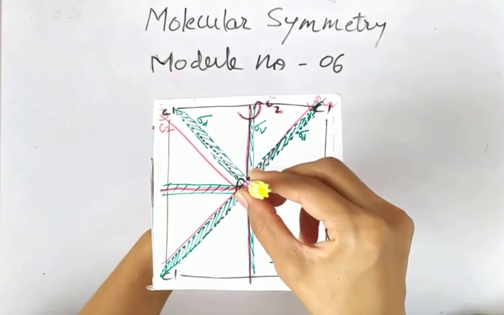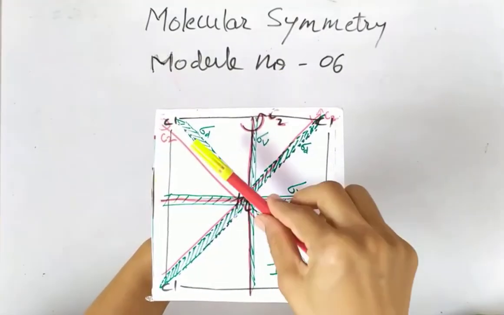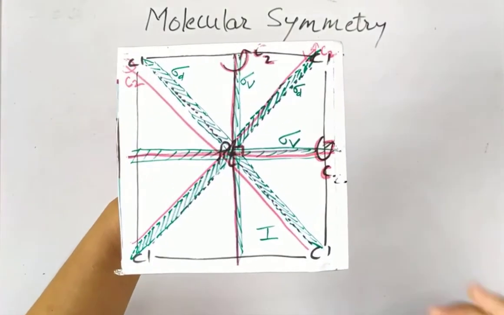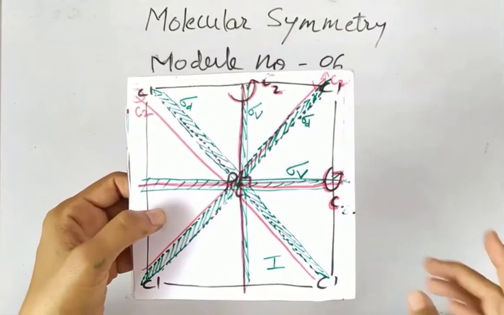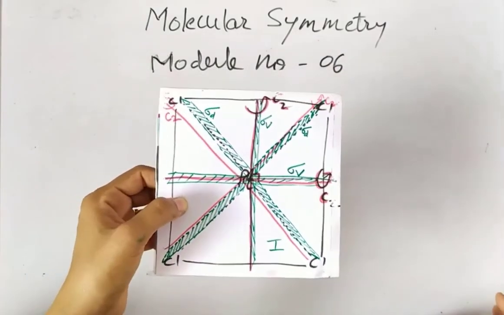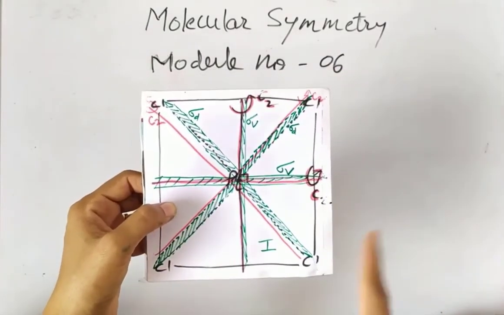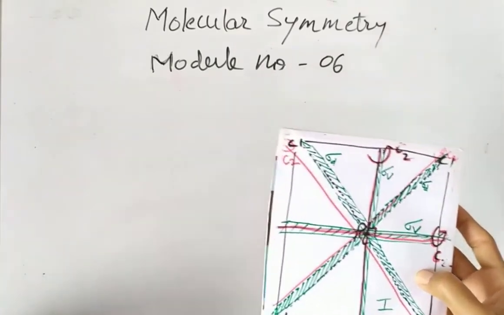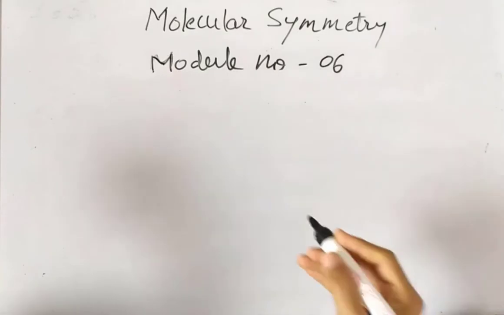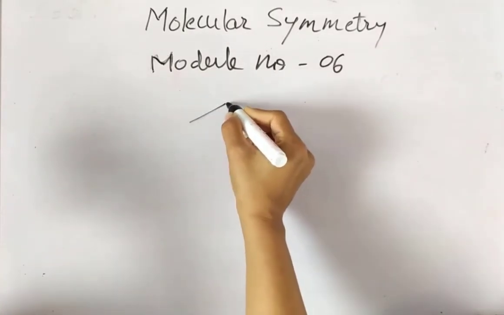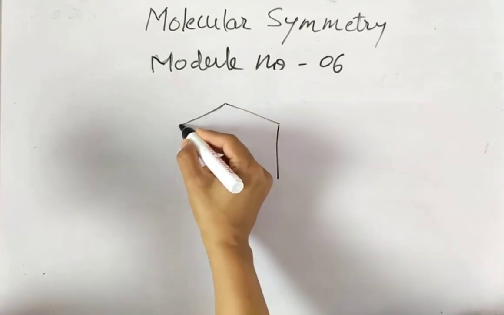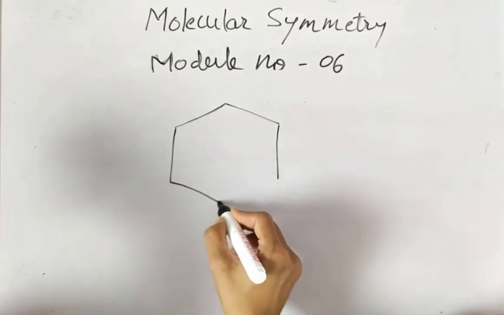So this is C4, 4 C2, 2 sigma Ds and 2 sigma Vs. I hope there is no more confusion for the elements that are present in PtCl4. Simultaneously, I hope all the planes including dihedral, vertical and horizontal are clear to you.